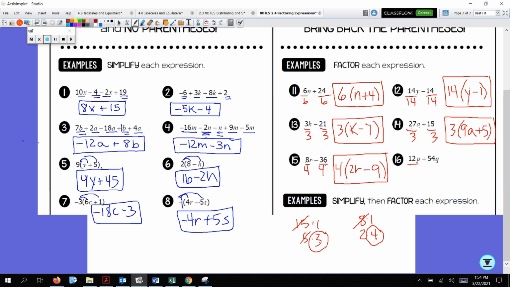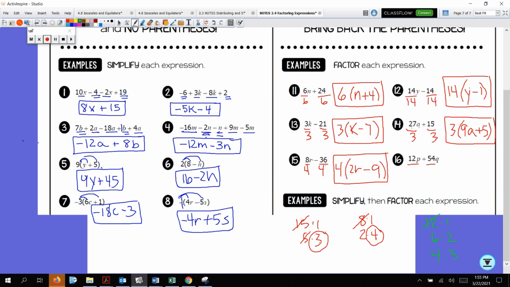All right, last one, 12p and 54q. Yowza, that's crazy. 12 does not go into 54. So let's write the factors of 12. 12 times 1, 6 times 2, and 4 times 3. Okay, well, 12 doesn't go into 54. Does 6 go into 54? I gotta get my calculator.